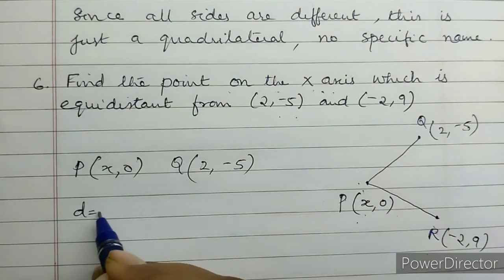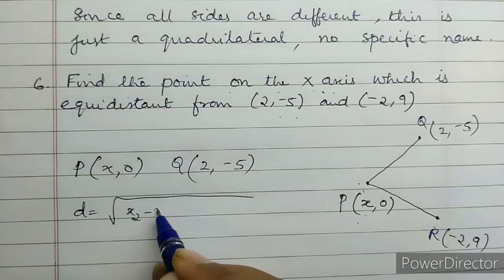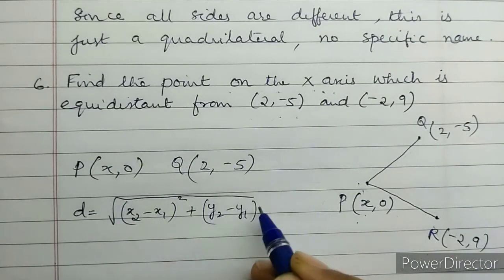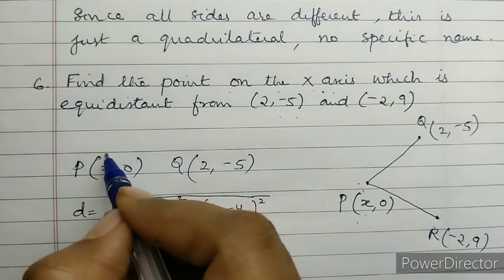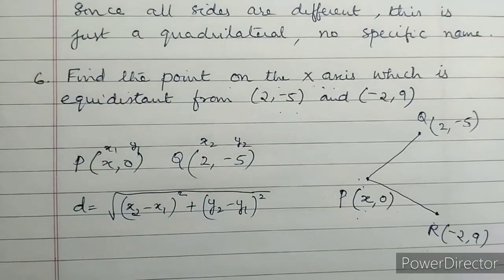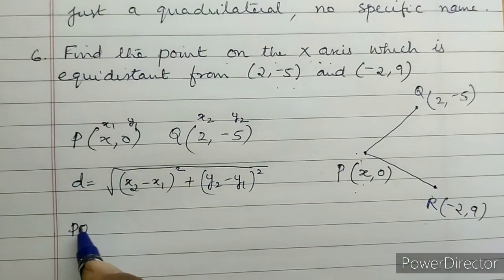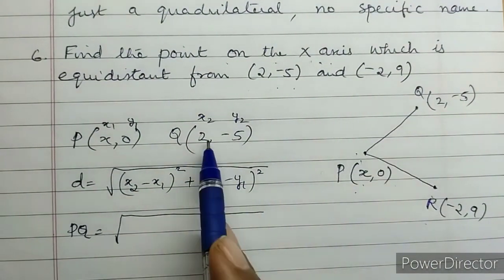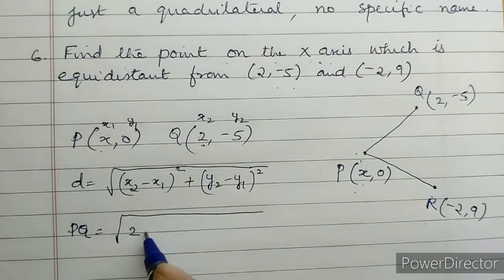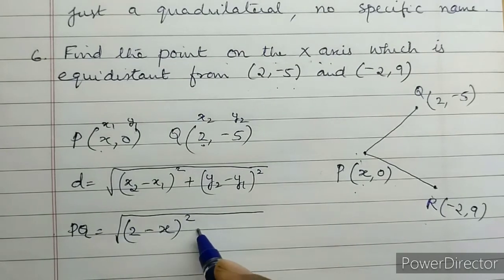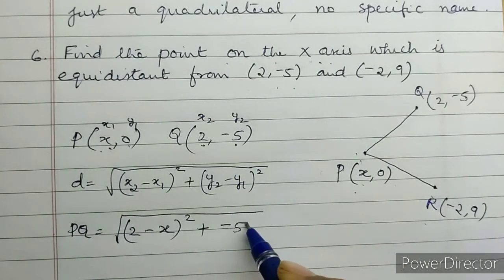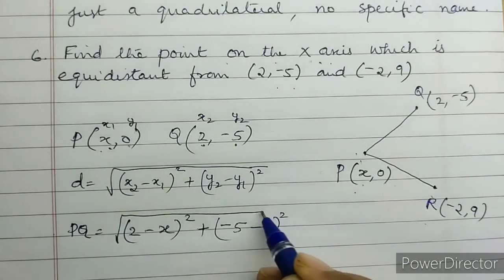For the distance formula, first you write the square root of (x2 minus x1) the whole square plus (y2 minus y1) the whole square, with points x1, y1 and x2, y2. Now PQ you should find. PQ is equal to the square root of (2 minus x) the whole square plus (-5 minus 0) the whole square.